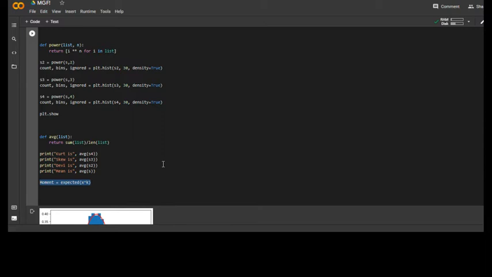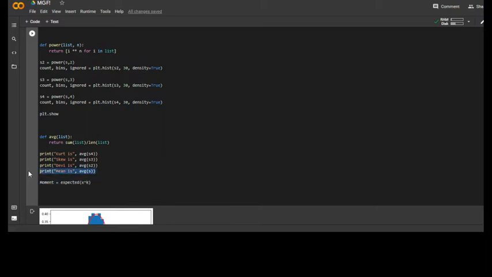The first moment is just the expected value of x to the 1, right? The nth moment is equal to the expected value of x to the n. So the first moment is just the expected value of x, which is the mean, the average.